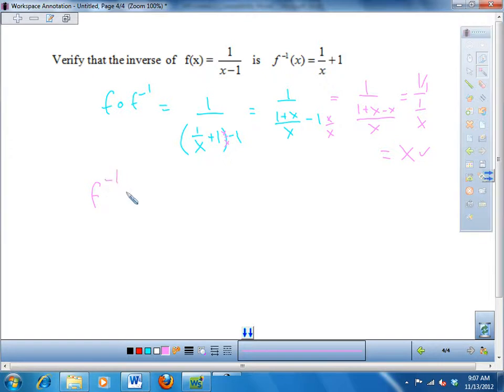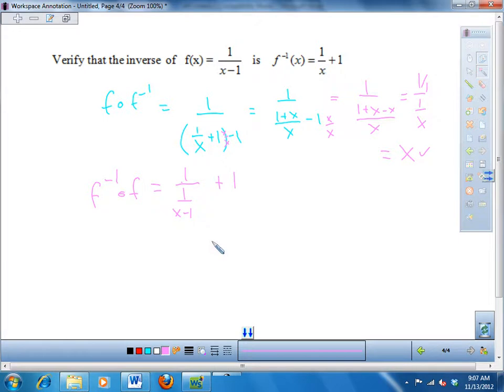So f inverse of f is equal to 1 over, I have to plug this in here, which is going to be 1 over x minus 1, that whole thing, plus 1.